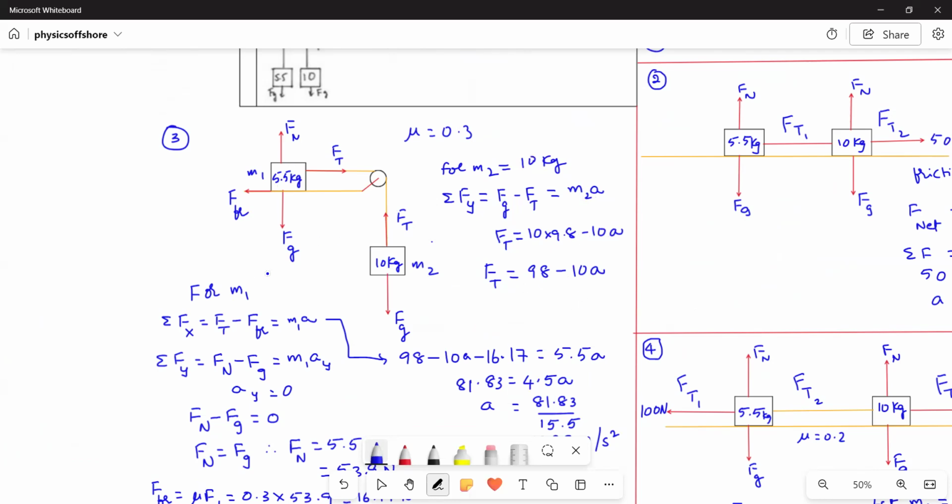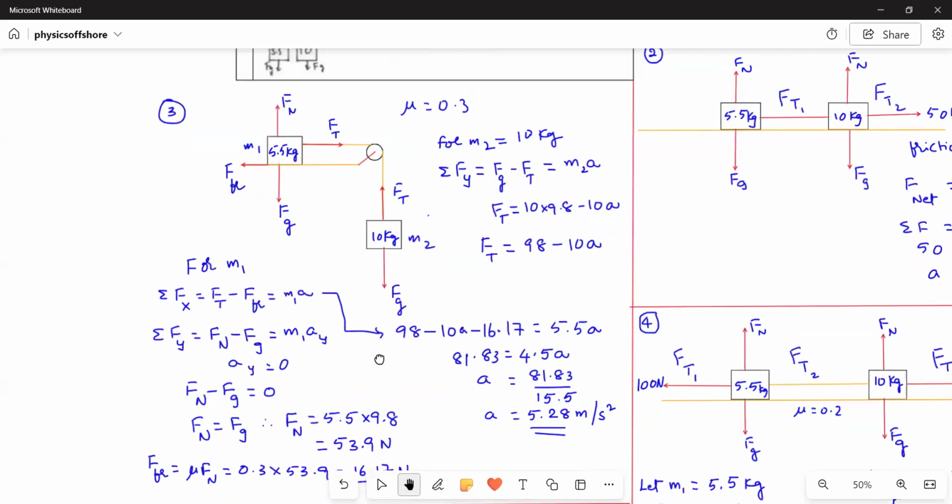Now we will write the force equation for M1. For this, sigma Fx is equal to F tension minus F friction is equal to M1a. And for the y-dimension forces, sigma Fy is equal to Fn minus Fg. The object is not moving along the y direction, therefore the acceleration ay is equal to 0, and Fn minus Fg is equal to 0, or Fn is equal to Fg, or Fn is equal to mg.